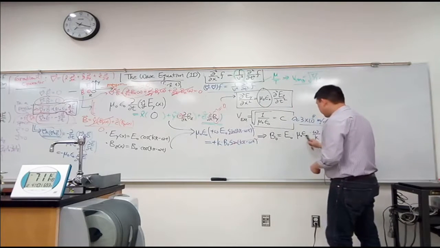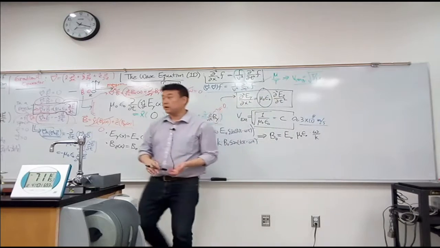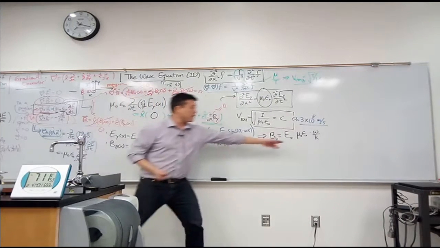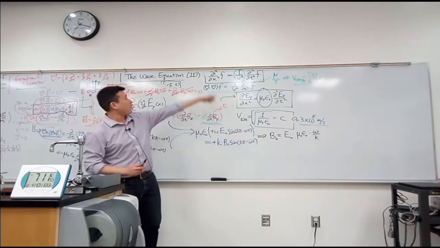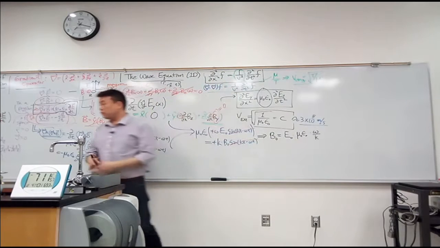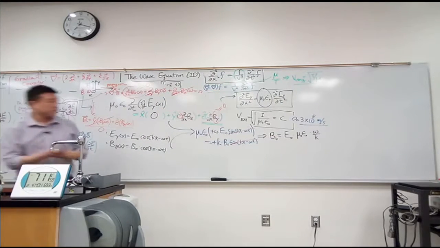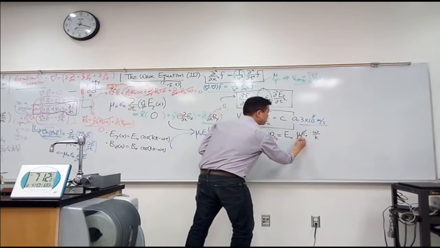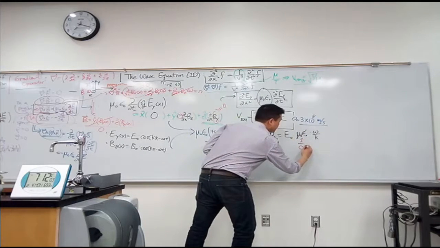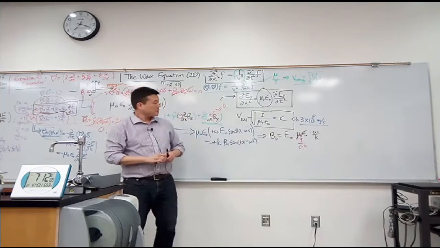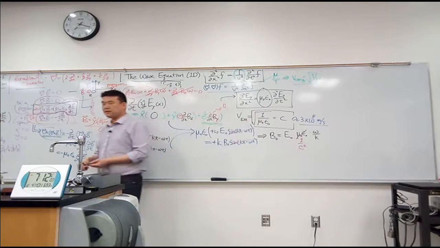Let's rewrite these two in terms of the speed of light. We know what mu naught epsilon naught was, right? 1 over v squared, or 1 over the speed of light squared. What's omega over k? Do people remember what that was?